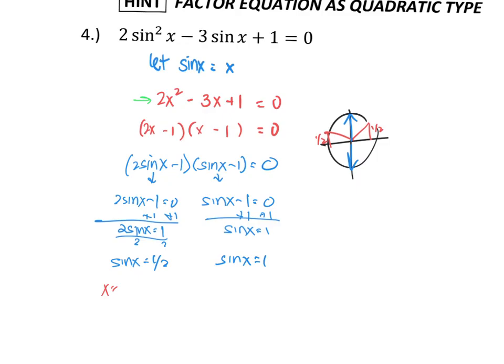Sine x equals 1/2 at x equals pi over 6 and 5 pi over 6. And then sine x equals 1 at pi over 2. Nope, it's not 3 pi over 2, because that's negative. Sorry, just pi over 2. And then you can just say plus 2 pi n, where n is an integer.